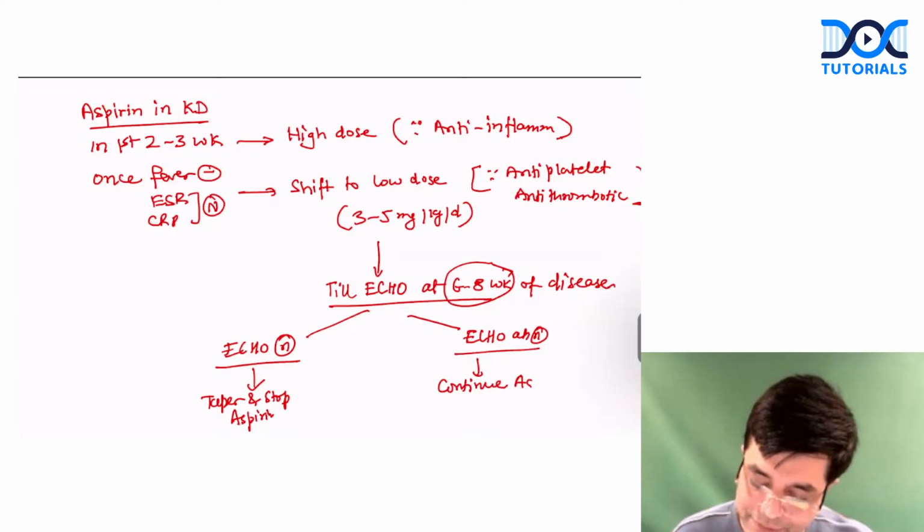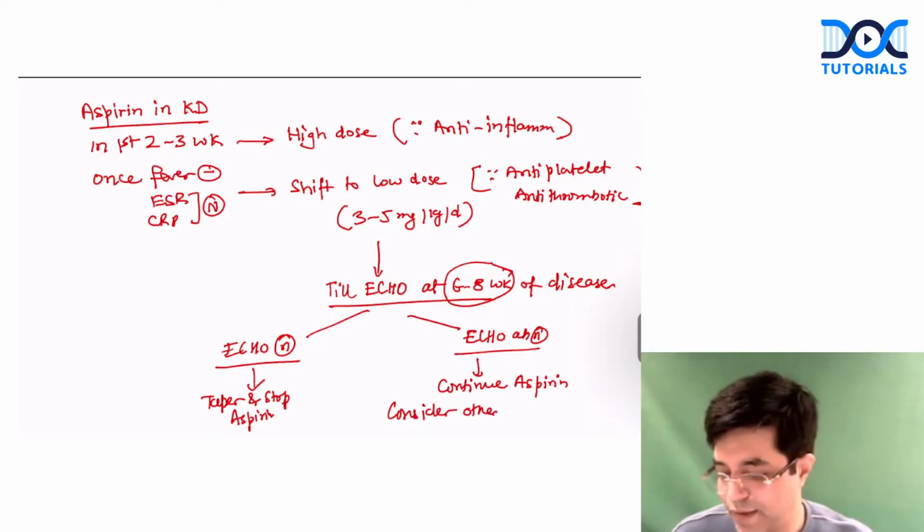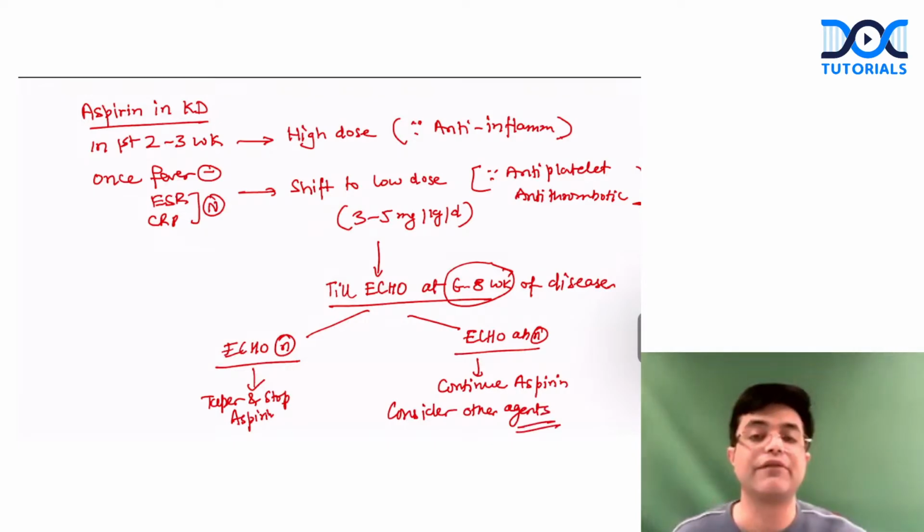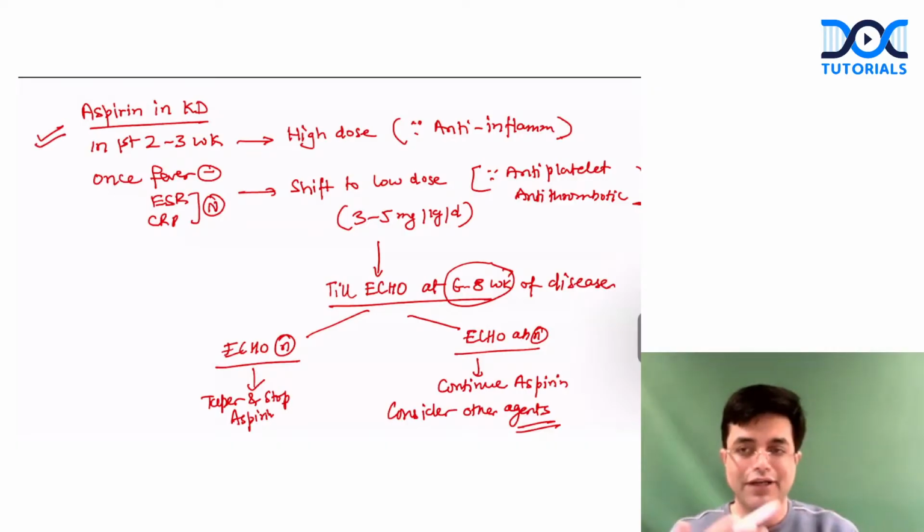If you have to change aspirin, you will consider other agents like clopidogrel and low molecular weight heparin. Again, that will become a hardcore theoretical discussion part. So that is something that we are not going to go into.